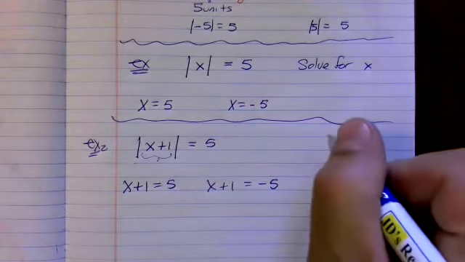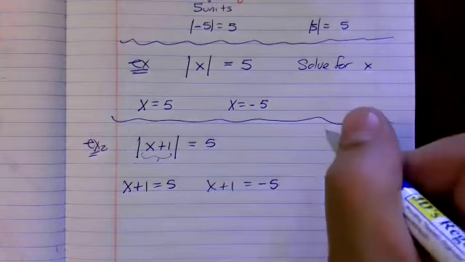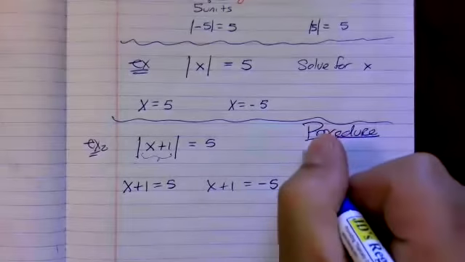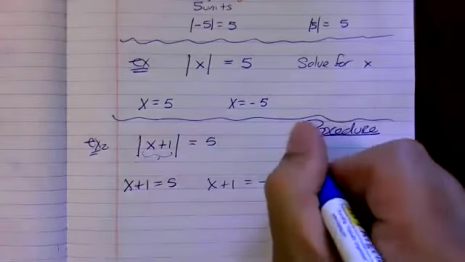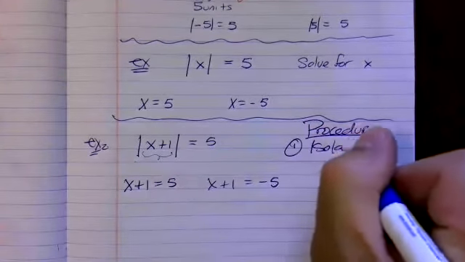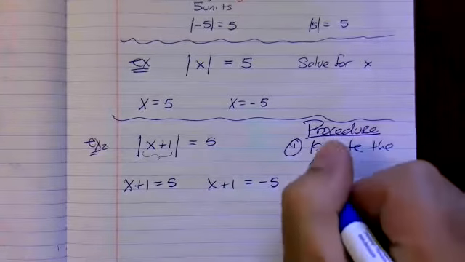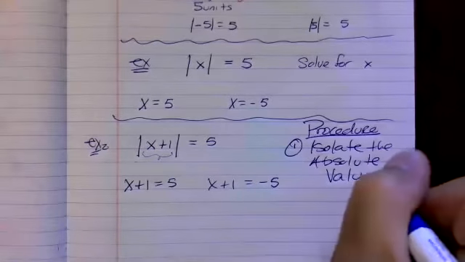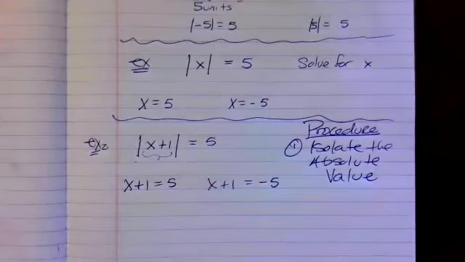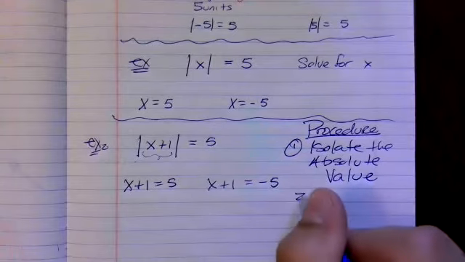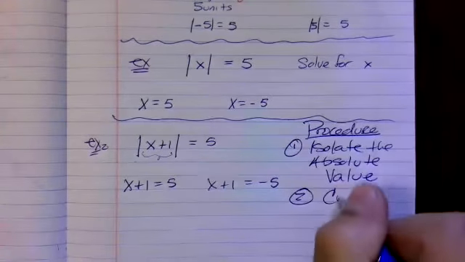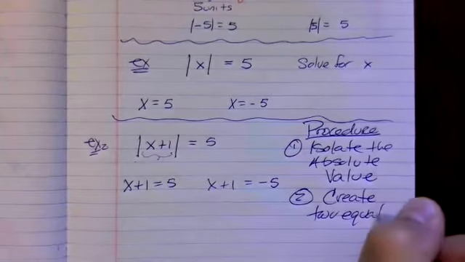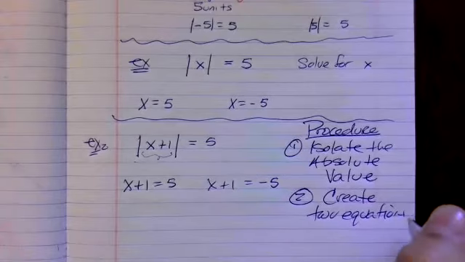So that kind of starts our procedure. Our procedure would be, first of all, we would isolate the absolute value. In this case, it's already isolated. And then we would create two equations with opposite answers.